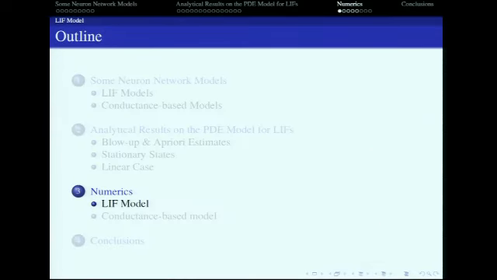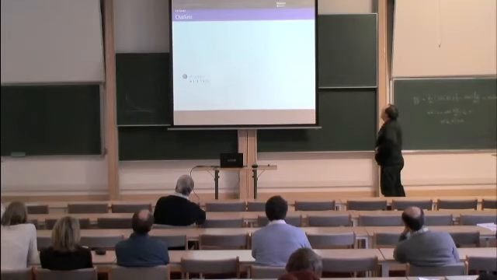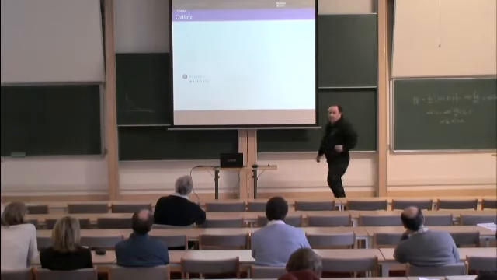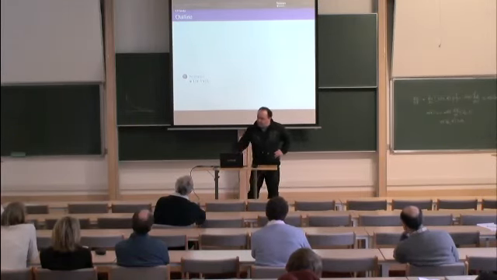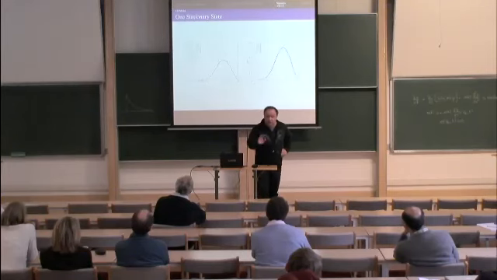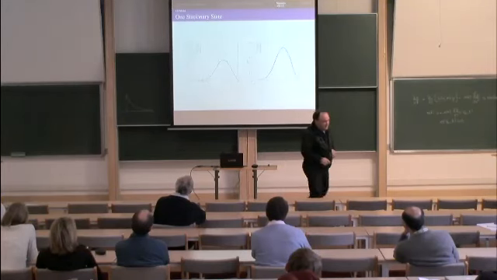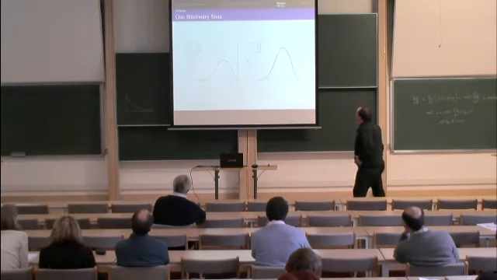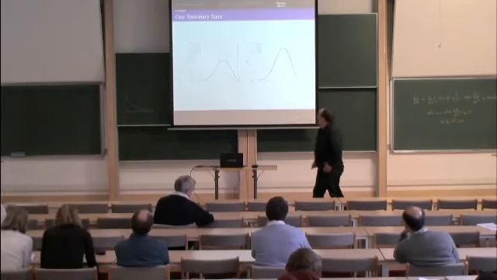Okay, and just to finish, if I have 3 minutes, I will show you some numerics to illustrate a bit what you can do. Here what we have done is simulate the PDE directly. Okay, let me see.